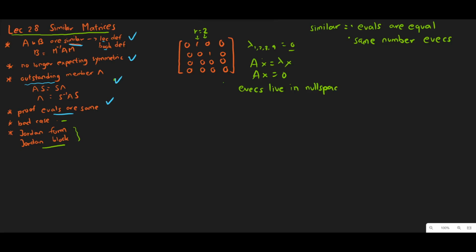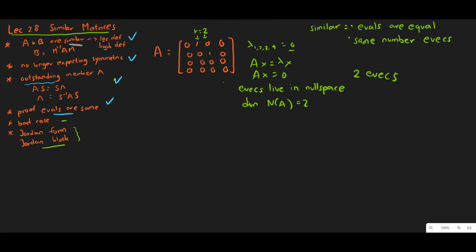In fact, the eigenvector itself is a vector in the null space. So that's why I am bringing up the dimension of the null space of A, which is 2. So we have 2 eigenvectors for this matrix.